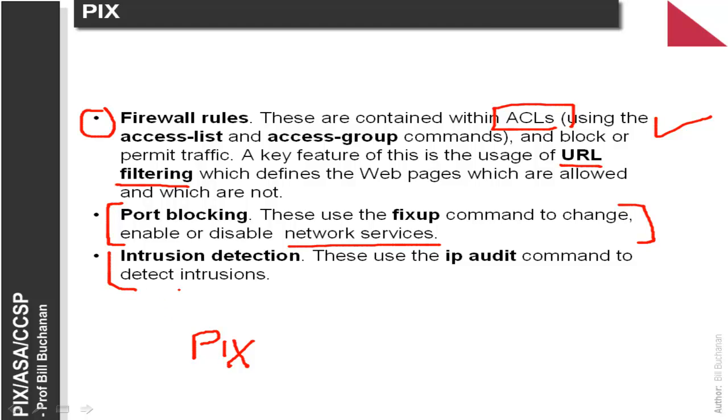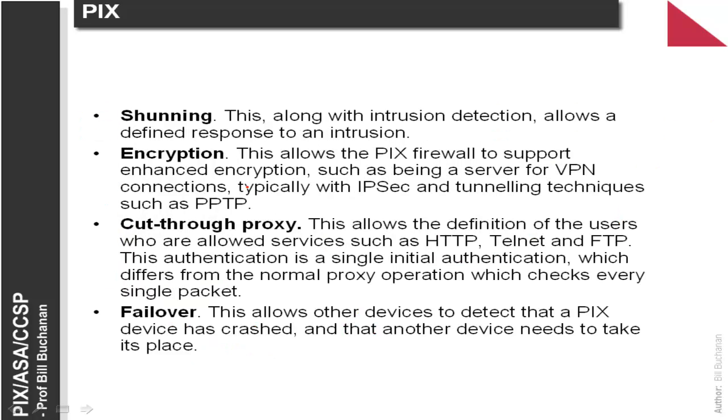It does intrusion detection systems, especially with the IP audit command, to be able to detect more advanced intrusions than many firewalls can. It does shunning, where we can shun an intrusion along with detecting it. It supports VPN access, especially with the IPsec protocol and for tunneling techniques such as PPTP.